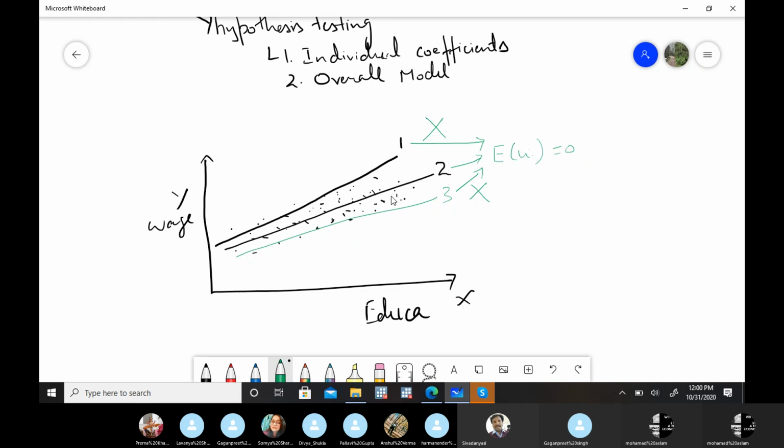The problem is that you might have applied some method, and like this first line, your data is somewhere here and your line is somewhere here. That line is not representative of that data. Remember the last time we covered this property: the regression line passes through the mean of the y variable and the mean of the x variable, meaning it passes through the averages.